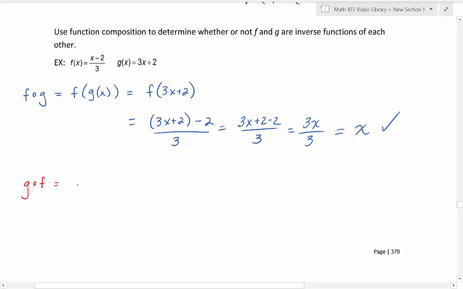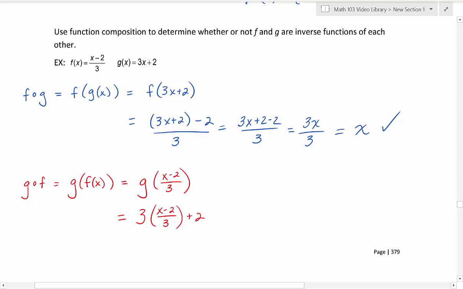Let's take a look at g composed with f. That's g of f of x. So that's going to be g of (x minus 2) over 3. Everywhere we have an x in g, we're going to replace it with that fraction, (x minus 2) over 3. It's going to be 3 times our fraction plus 2.